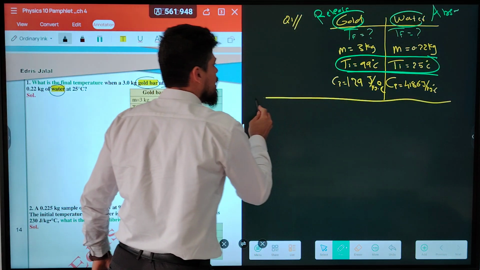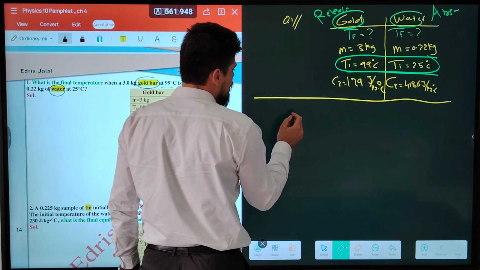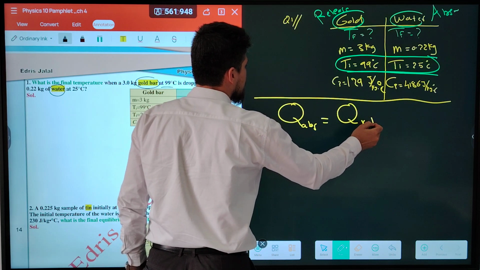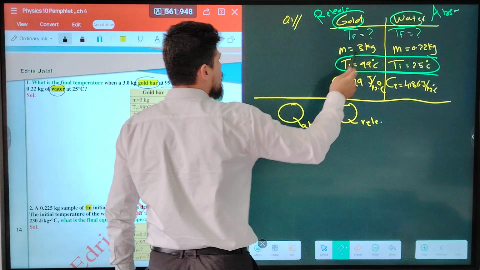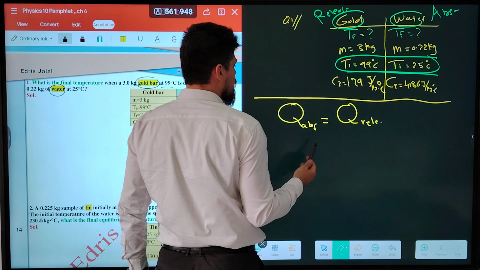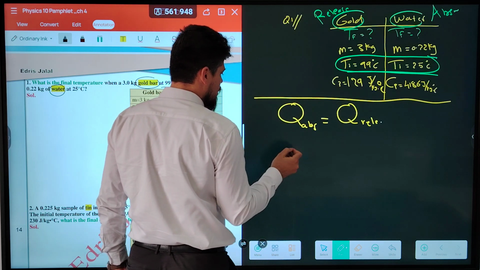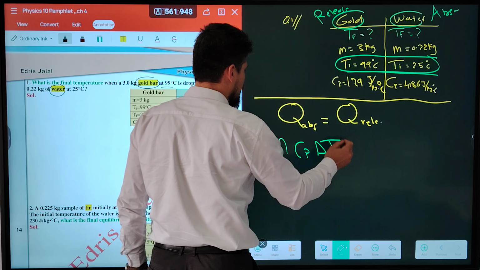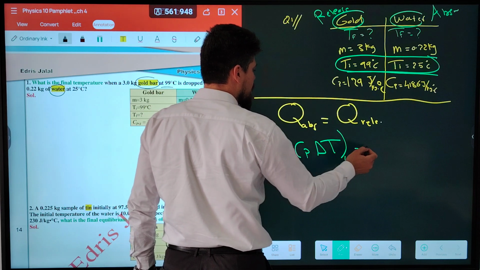Okay. According to the conservation of energy, Q absorb is equal to Q release. Which one absorbs? Water. Which one releases? Gold. Q is equal to mCp delta T, for water, because it absorbs.